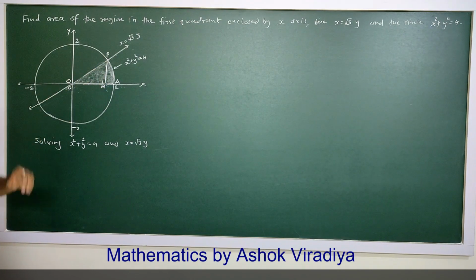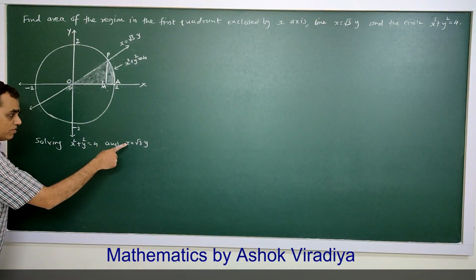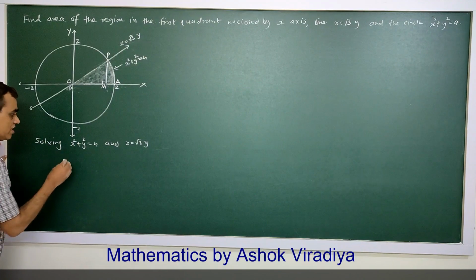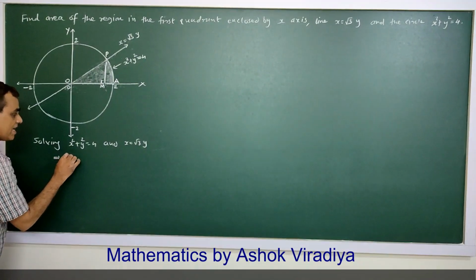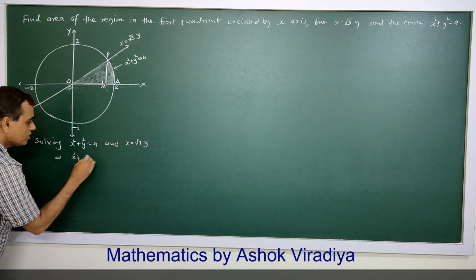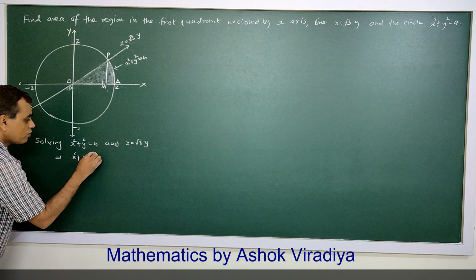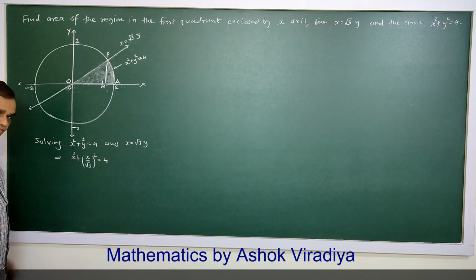To find x, we substitute the value of y from this equation in the other. So x square plus, now y we replace by x by root 3, so (x by root 3) whole square equal to 4.